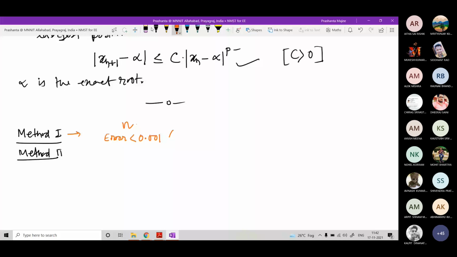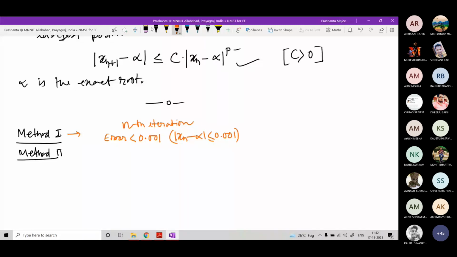What is the meaning of that? Error means the approximate value xn at the nth iteration minus alpha, that is less than or equal to 0.001.